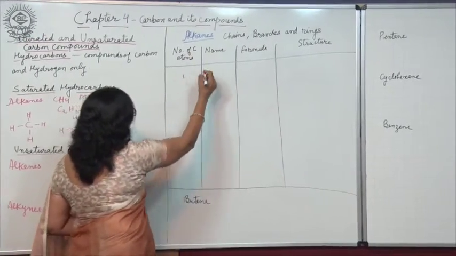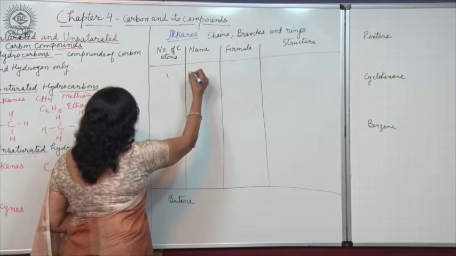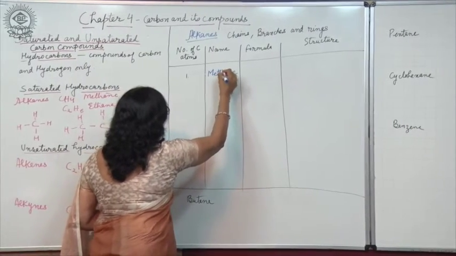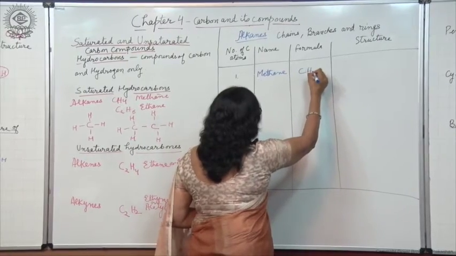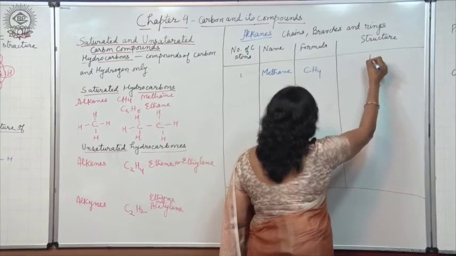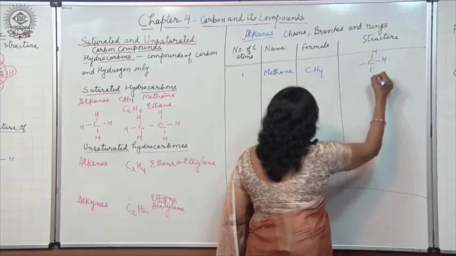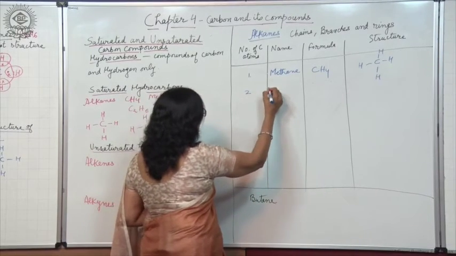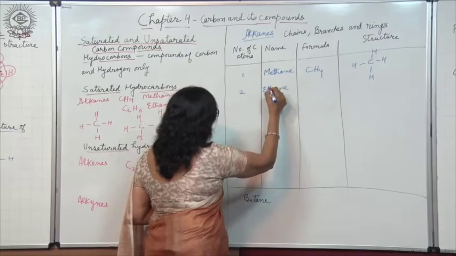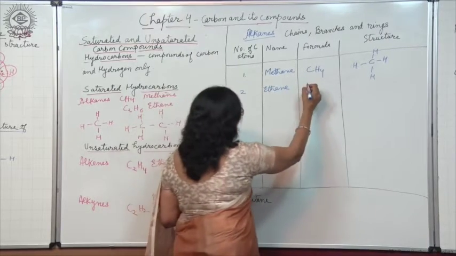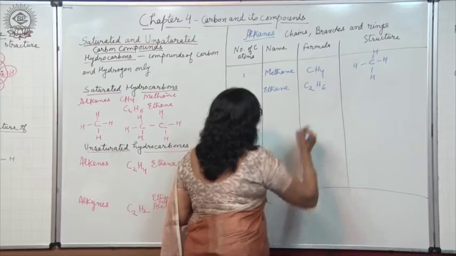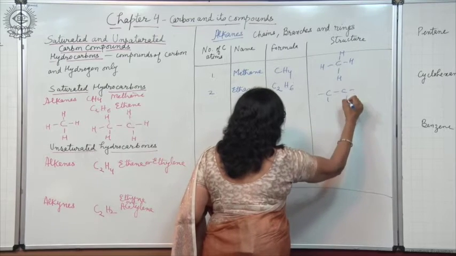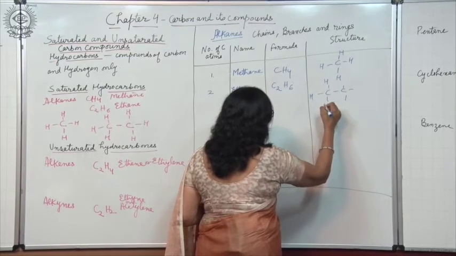Carbon atom is 1, the first member of the alkanes is methane and its formula is CH4 and its structure is this. Carbon atoms are 2, the second alkane is ethane and its formula is C2H6 and its structural formula is this.